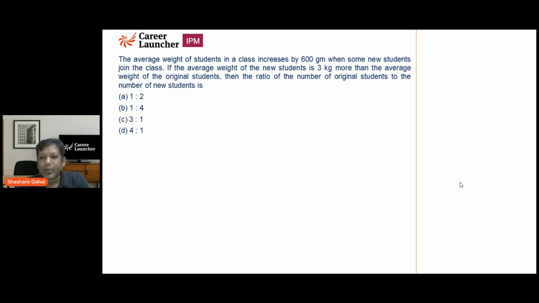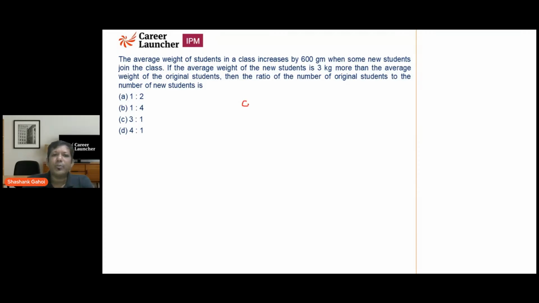Let's see how we are going to solve this question without calculating much. Basically, if nothing is given, you can assume a value. I am going to assume that the initial average weight is 0.